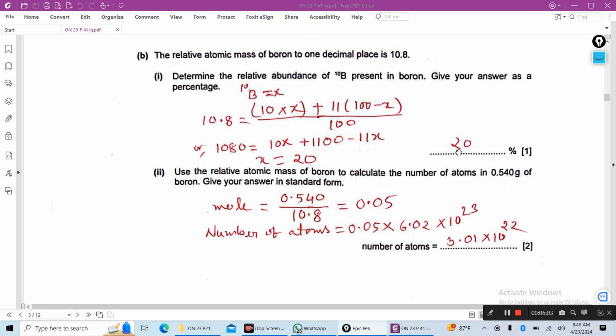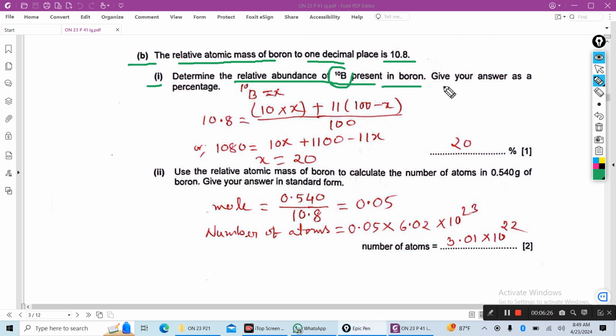Next, B. The relative atomic mass of boron to 1 decimal place is 10.8. Number 1, determine the relative abundance of boron 10 present in boron.